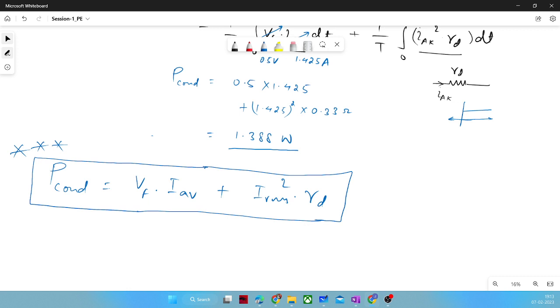Why is switching loss high? Why do we use power electronics devices? In further lectures, you will see that power electronics devices are generally used to switch at very high frequency.